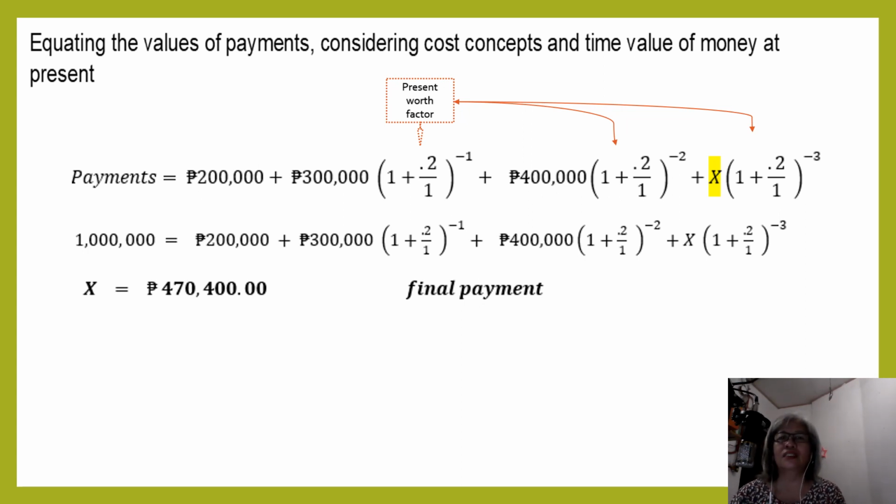Executing this equation, we get the final payment amounting to 470,400 pesos. So that should be the final payment that the buyer at the least should pay the seller.